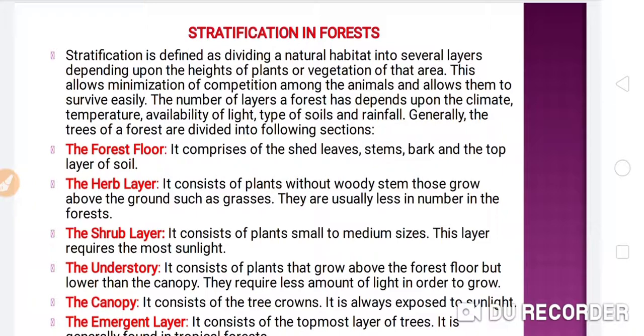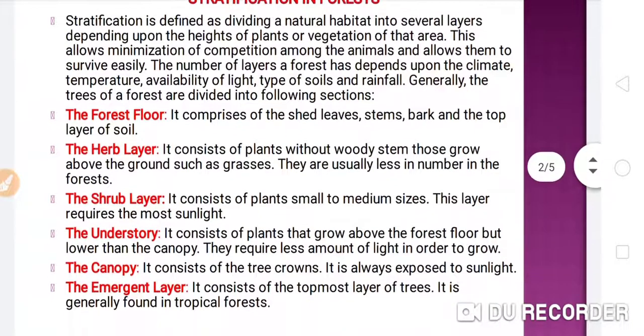Now the second one, the herb layer. It consists of plants without woody stems that grow above the ground, such as grasses. They are usually less in number in the forest. Now the third one is the shrub layer.